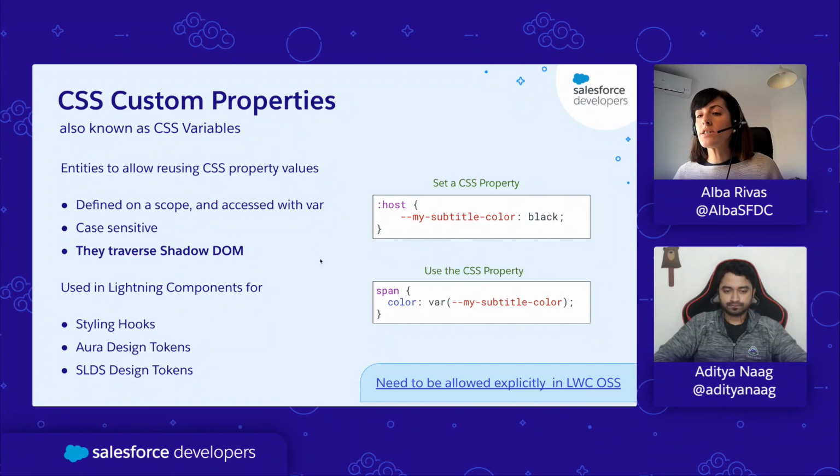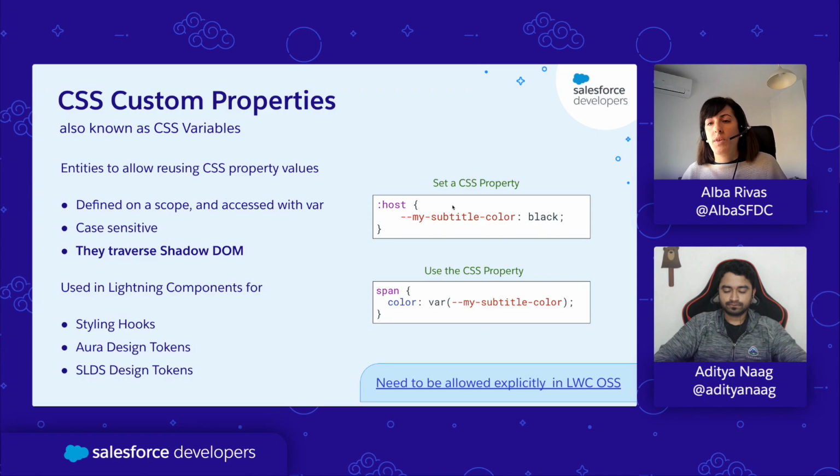They allow you to define a value for a CSS property that you want to reuse in several different places, and then you can use that value by referencing the parameter with which you define it.